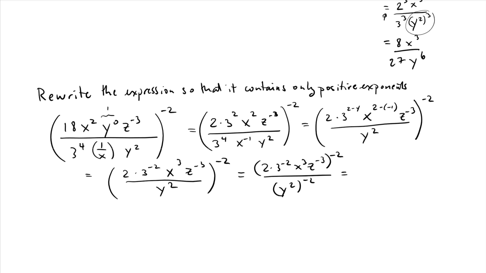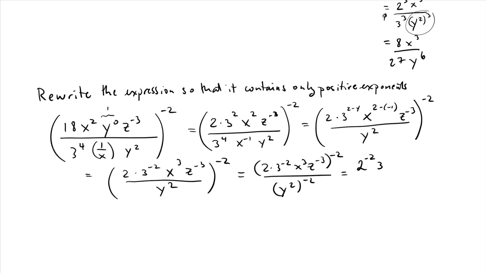And then if you raise something to the minus 2 and there's a product inside, the exponent distributes and becomes an exponent for every factor in the product. So 2 to the minus 2, 3 to the minus 2 times 2, right?